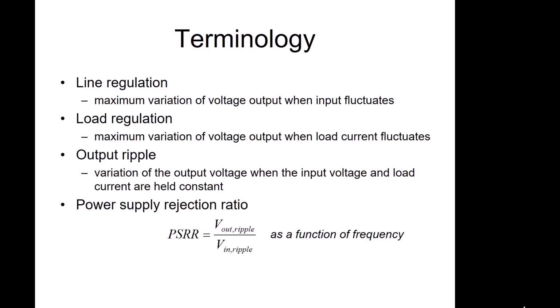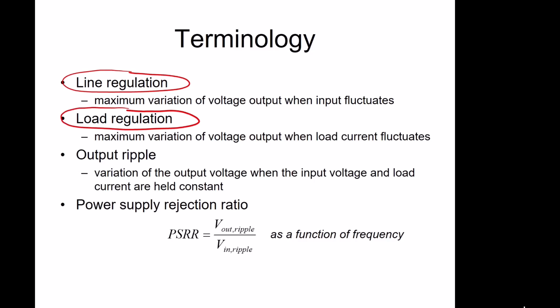In terms of terminology for voltage regulators, we have line regulation, which is how much the output voltage varies when you have a varying input voltage into the regulator. Load regulation is how much the output voltage varies when the load you are driving varies.